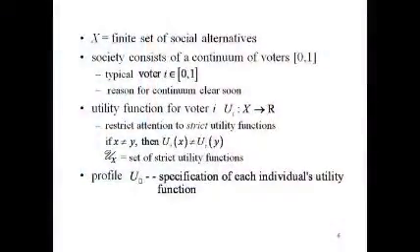So let me first set up the model that we use, and then I will show you what results we have from the model. For those of you who might have seen some voting theory, in most respects this is a very standard voting theory framework, with one departure. There's a finite set of social alternatives, so there's a finite universe of possible candidates who could conceivably run for office.